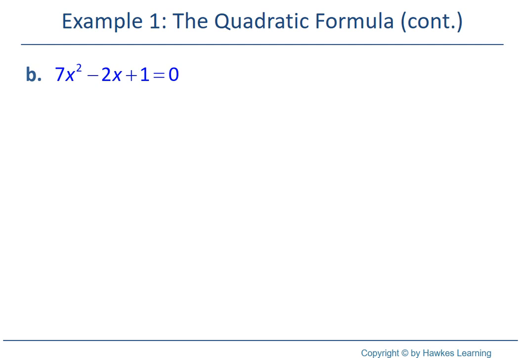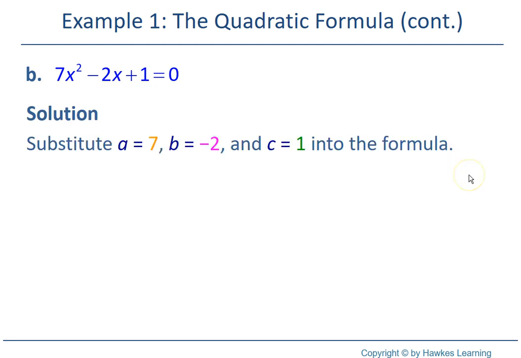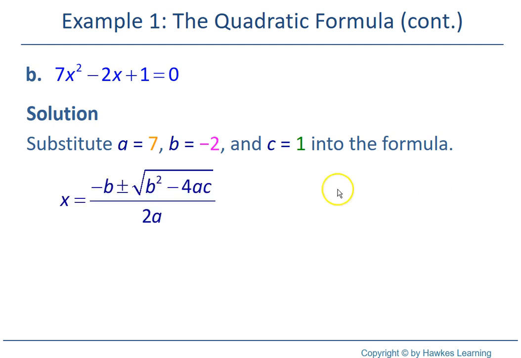Okay, let's do this one. So our A value is 7. Our B value is negative 2. And our C value is a positive 1. Now you want to substitute these values into the quadratic formula.